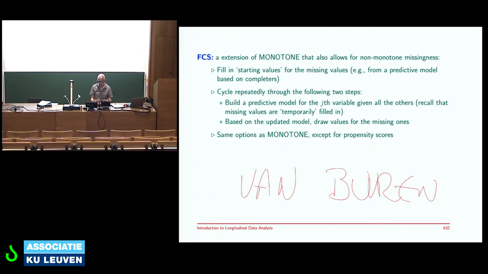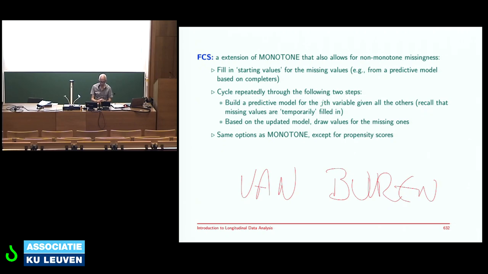There are a few percentages of people who have non-monotone missingness. You cannot use monotone unless you throw away these people with intermittent missingness, and that's not very nice to do when you're actually trying to deal properly with missing data. Well, MCMC would really make things way too complicated. So FCS is a method that really is advantageous when you have a lot of monotone missingness, a little bit of non-monotone missingness, as kind of an intermediate between the other two methods.